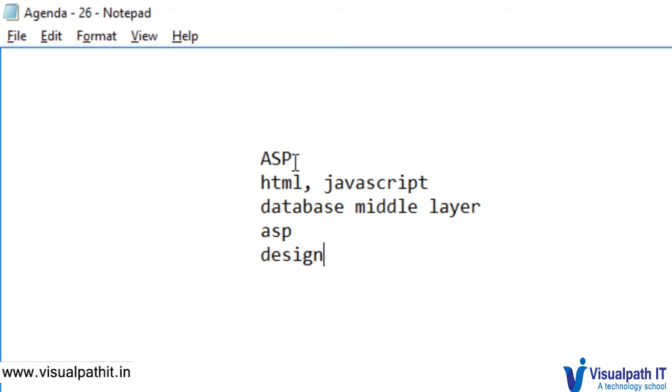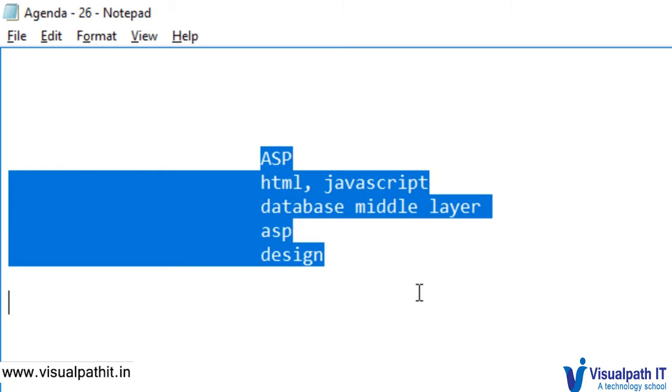So the entire thing, the HTML, JavaScript, database, everything was written in only one single page. So my ASP file has client-side code, server-side code, database level code, and some Flash or any graphic code.